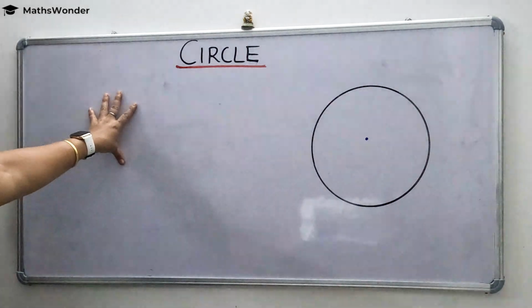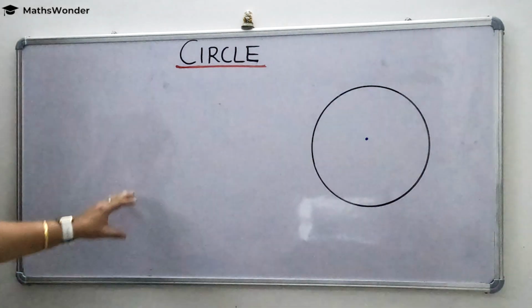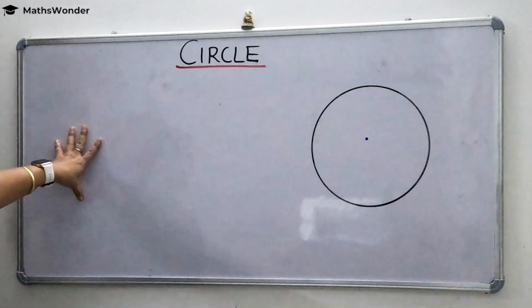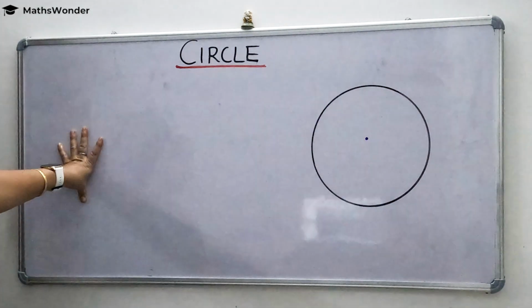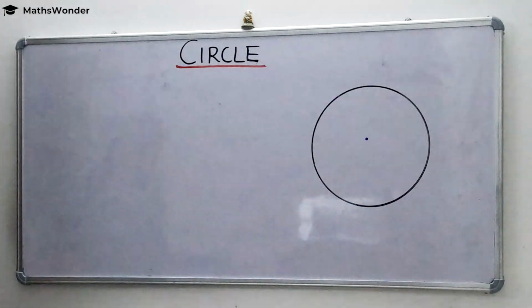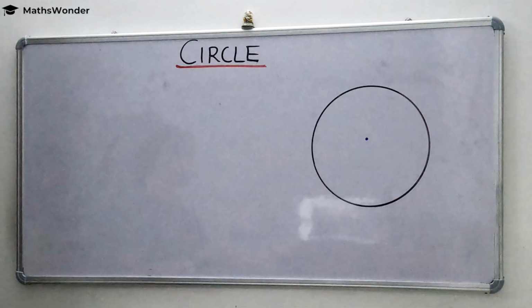So the next topic is circle. What is a circle? You are familiar with circles, a shape that is very commonly seen in our day-to-day life. For example, a coin, bangles, wheels, rings, plates, chapatis, and the most common is pizza, gramophone records, CDs, the full moon, the dial of the clock, the sun.